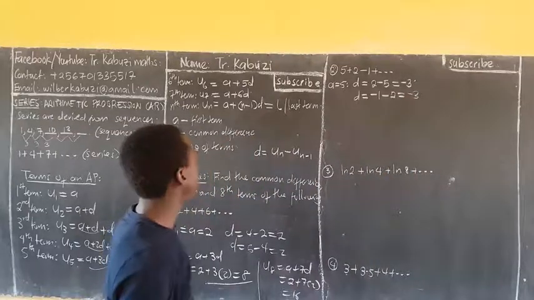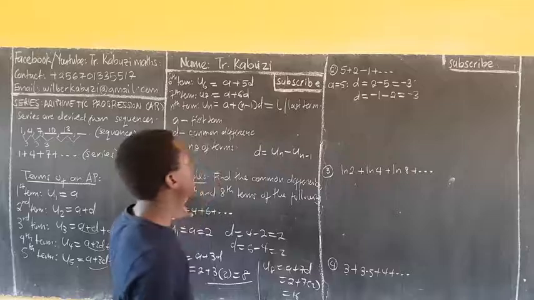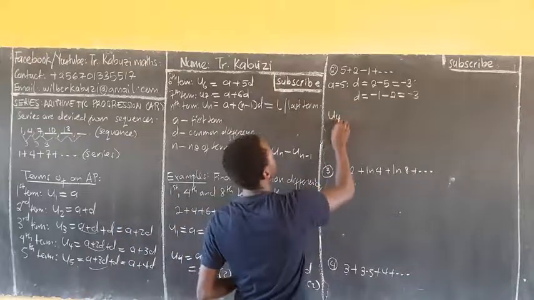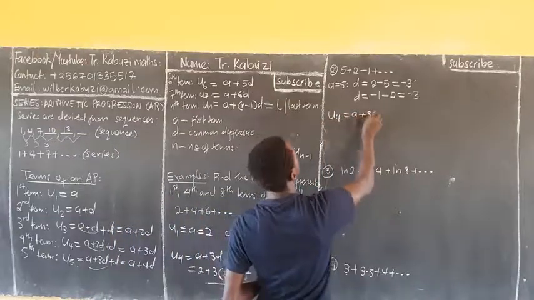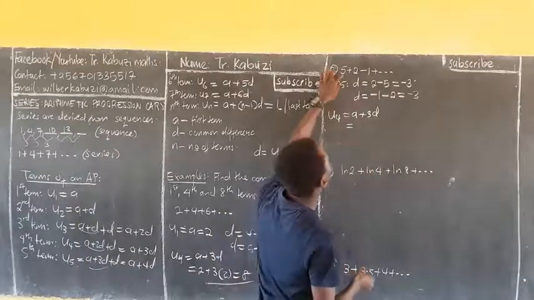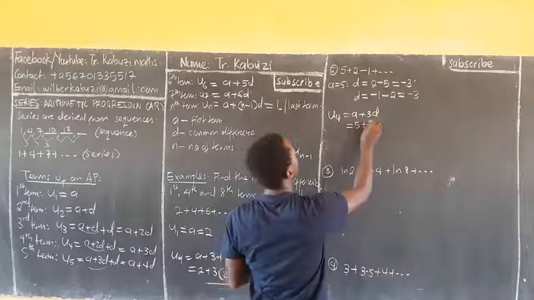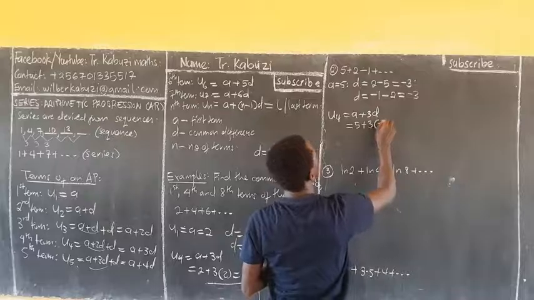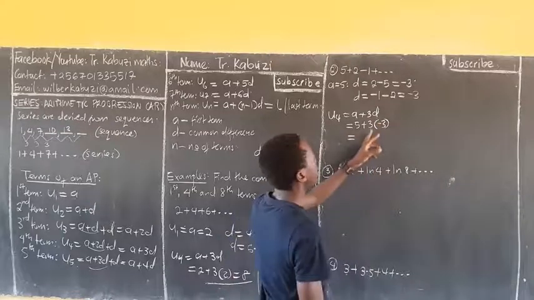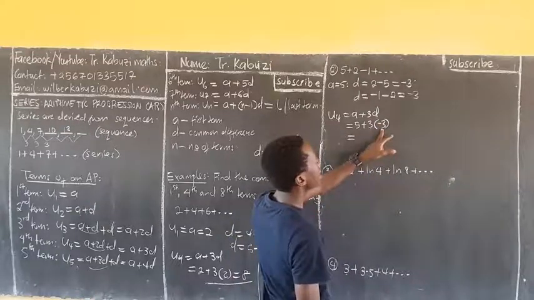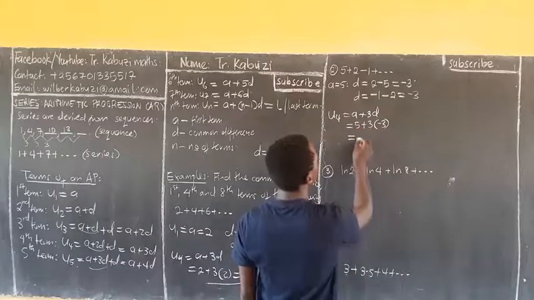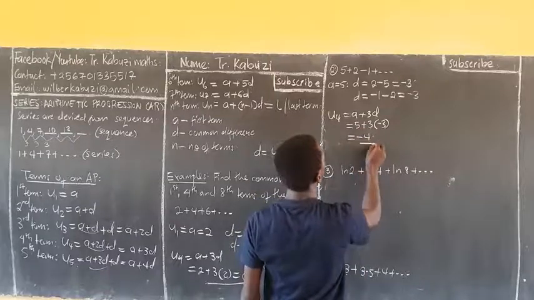So to get now my fourth term, it will be a plus 3d. My a this time is 5, then plus 3 into my d, which is negative 3. And you see, this time this will be negative 9 plus 5, which will give you negative 4.